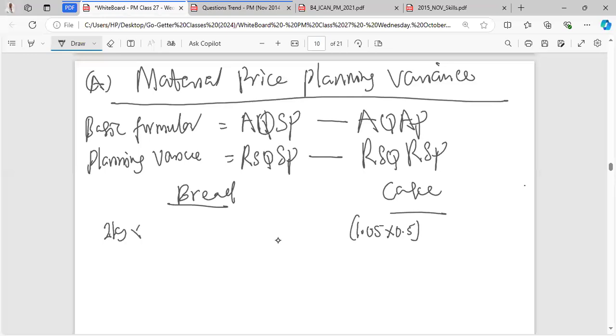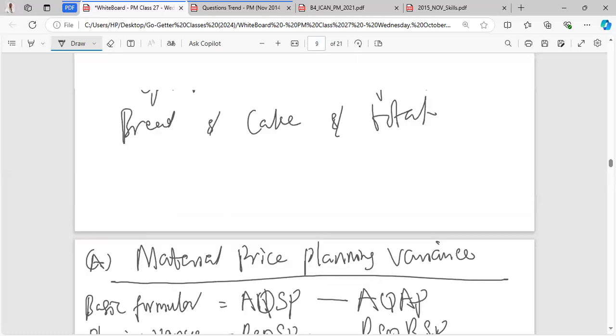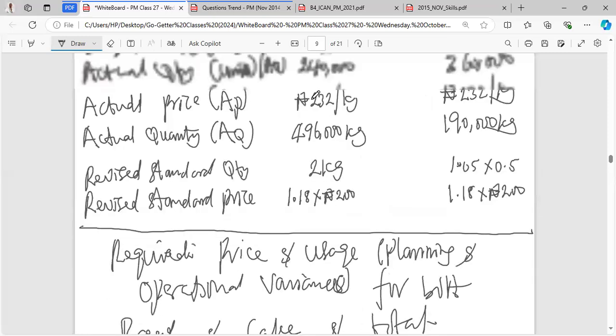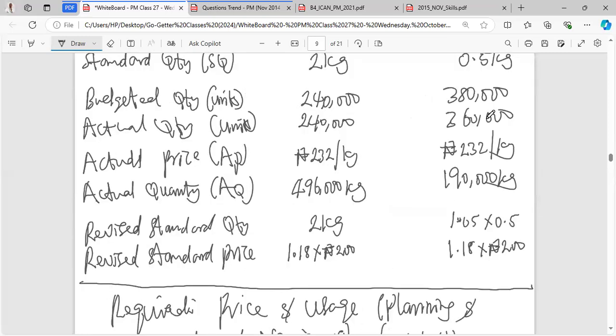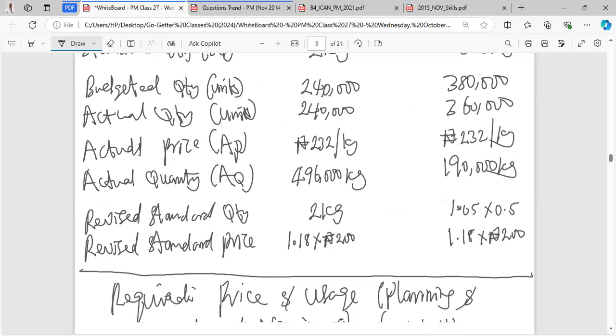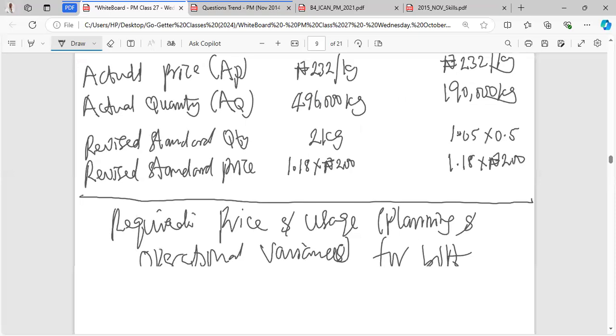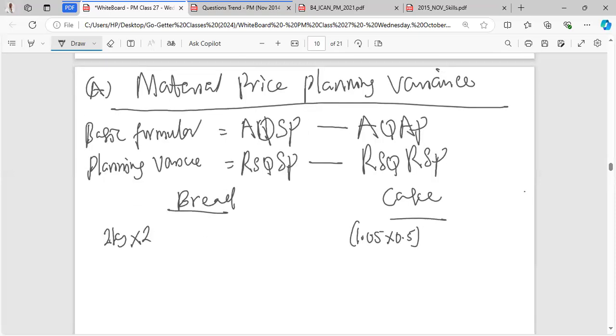Then multiplied by the actual quantity that was produced, not the budgeted. Of course, this is 240 and this is 360. Then what is the standard price?